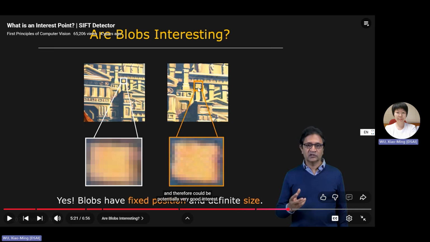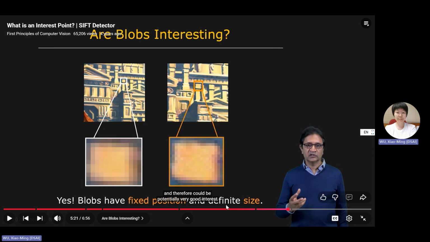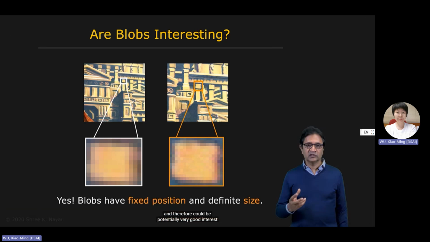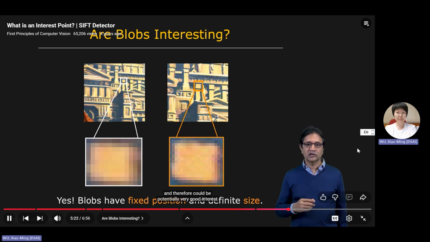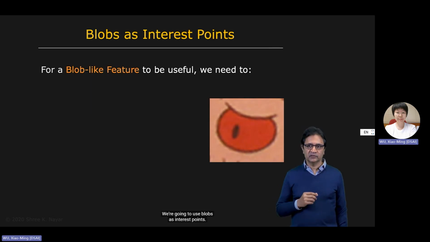Edges don't have a fixed position, right? Well, a blob has a definite size. This is the size of this blob. While edges don't have a definite size. Actually, blobs are very good interest points. So we're going to do exactly that. We're going to use blobs as interest points.